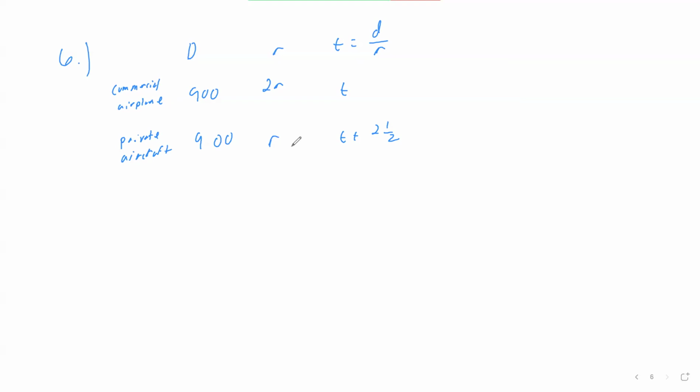Alrighty. And we know our time in this case would be 900 divided by 2r. And in this case, this would be 900 divided by regular r plus 2.5.